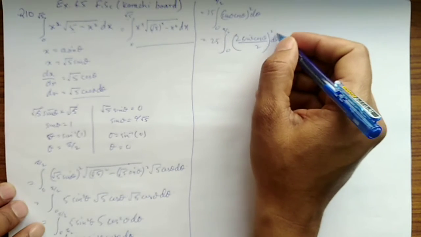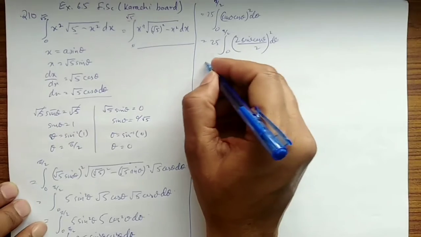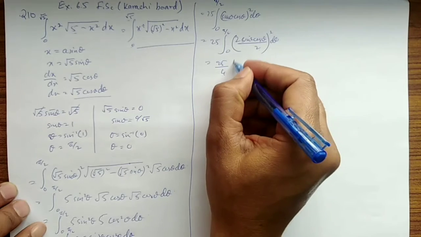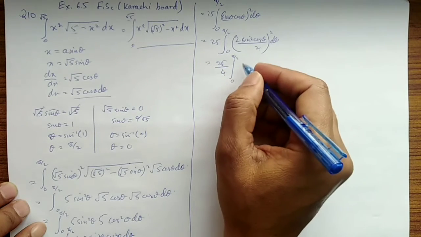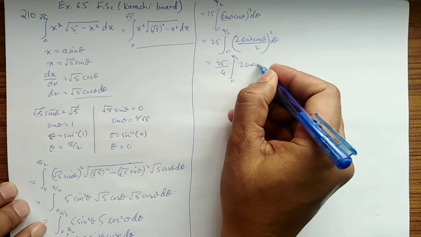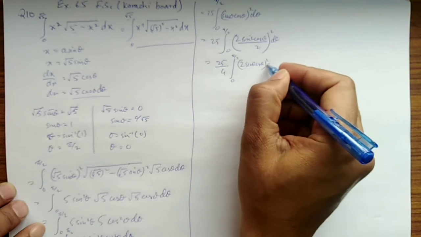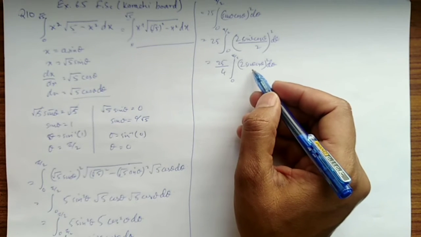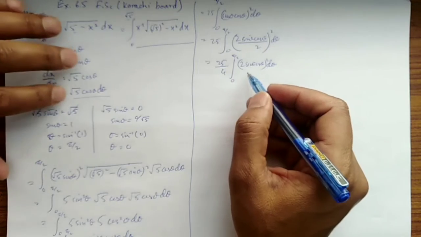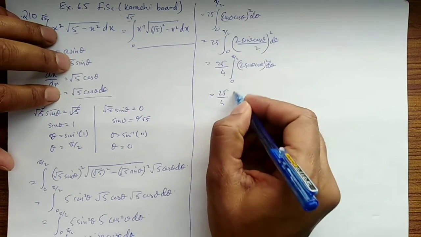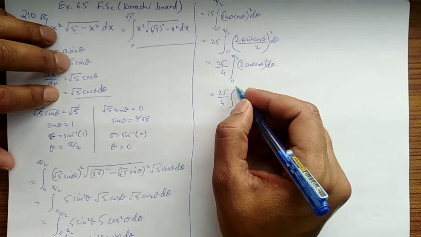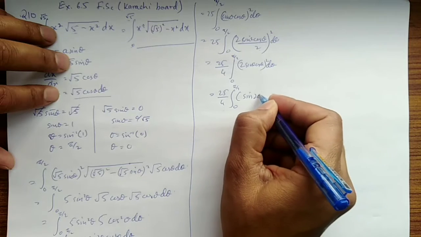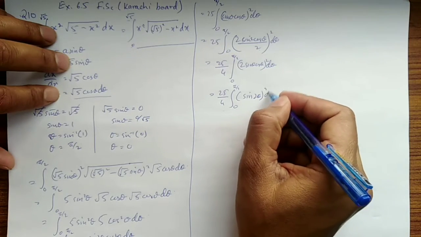And why am I doing this? Just see, 25 upon, I am taking this 2 as a square outside, 4, and the integral from 0 to pi upon 2, and I will have 2 sine theta cos theta whole square d theta. Right, now what does this 2 sine theta cos theta equal to? That is equal to sine 2 theta, yes, sine 2 theta whole square d theta.